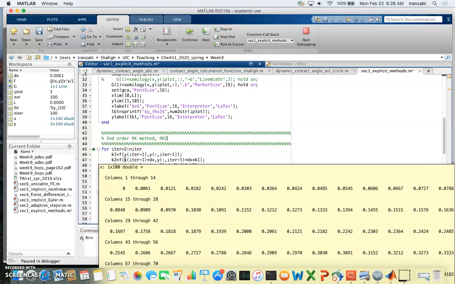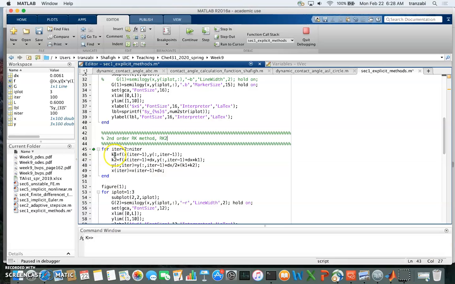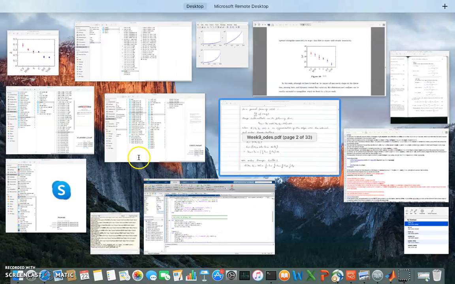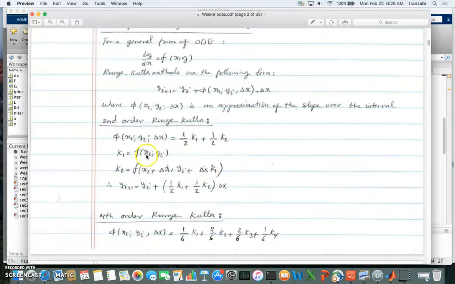Okay, so I pretty much script exactly what I have in the notes. First, we calculate k1, which is the function evaluated at the current point. My current point is x i minus 1, y i minus 1. And I hope this is not confusing that I'm using i minus 1 here, but in the notes I used i on the right side.